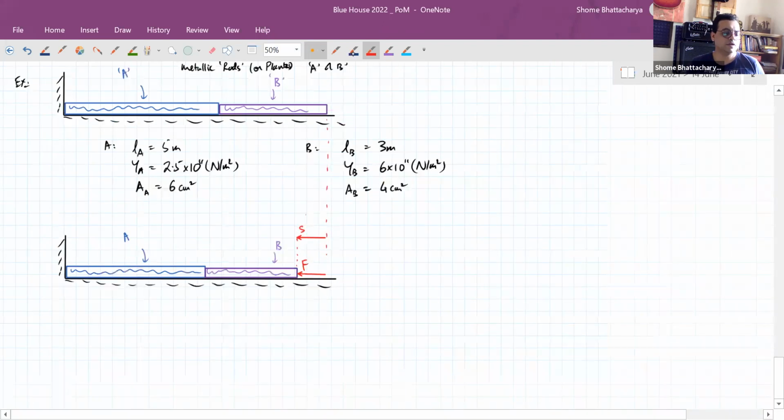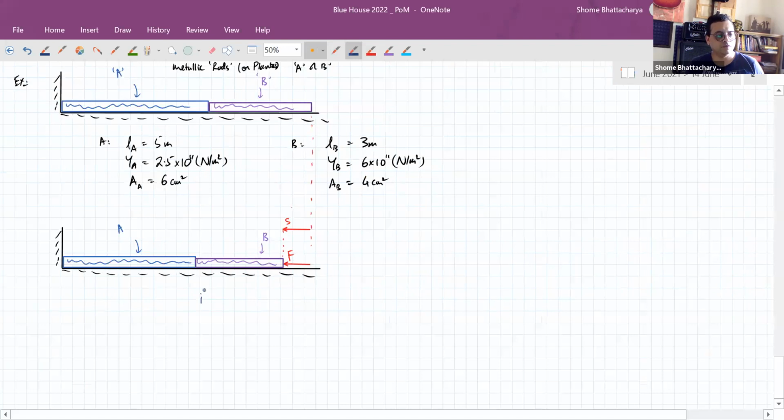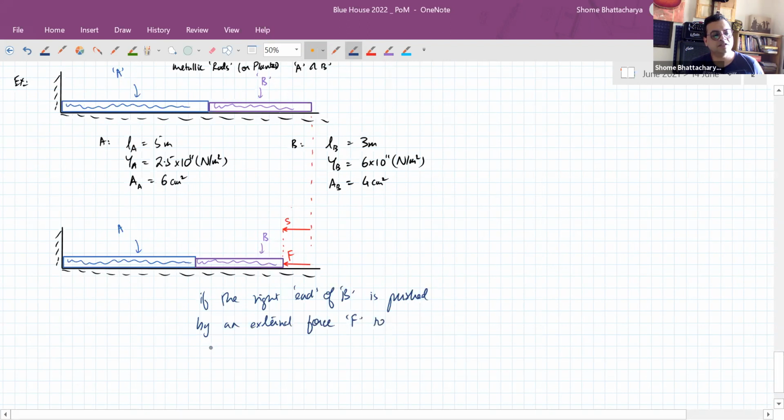So given all this, we have to find out if the right end of B is pushed by an external force to displace it by S equal to 2.4 centimeters. Then we want to find, first of all, the force in newtons.